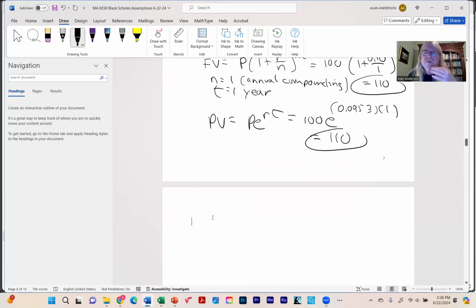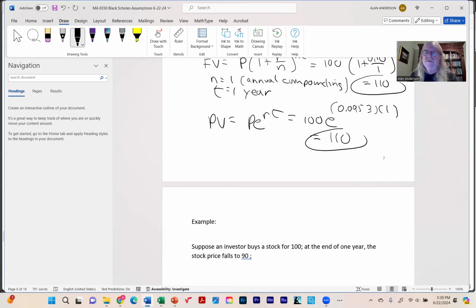Just as a quick example of why you would consider using the continuously compounded rates. Suppose an investor buys a stock for 100. At the end of 1 year, the stock price falls to 90.